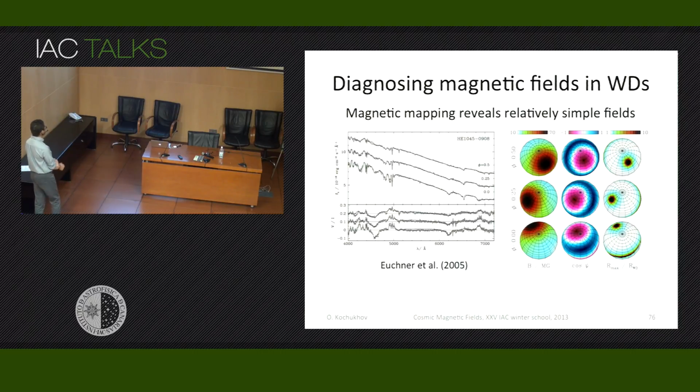And this is a map indicating how far the open field lines go from the star. You see that the field topology is not dramatically different from what we have among A stars: something that looks like a dipole, or maybe a distorted dipole, maybe dipole plus quadrupole.